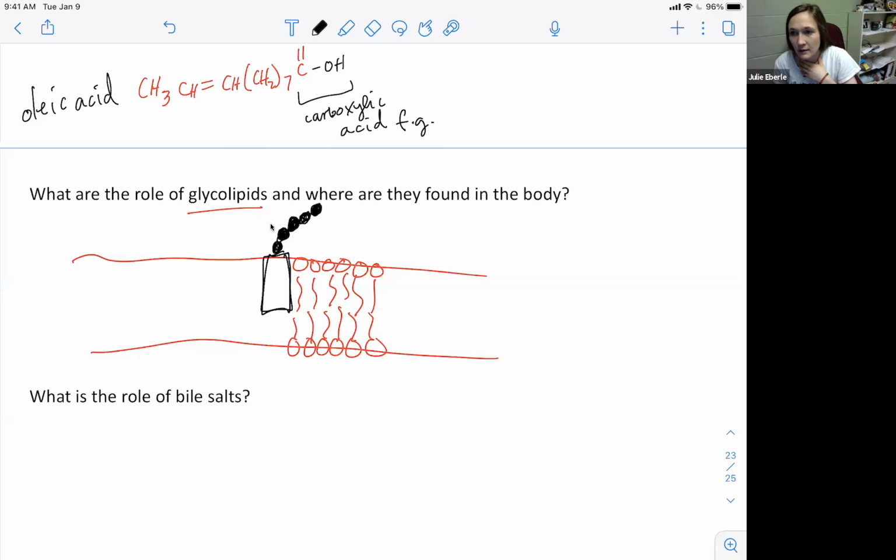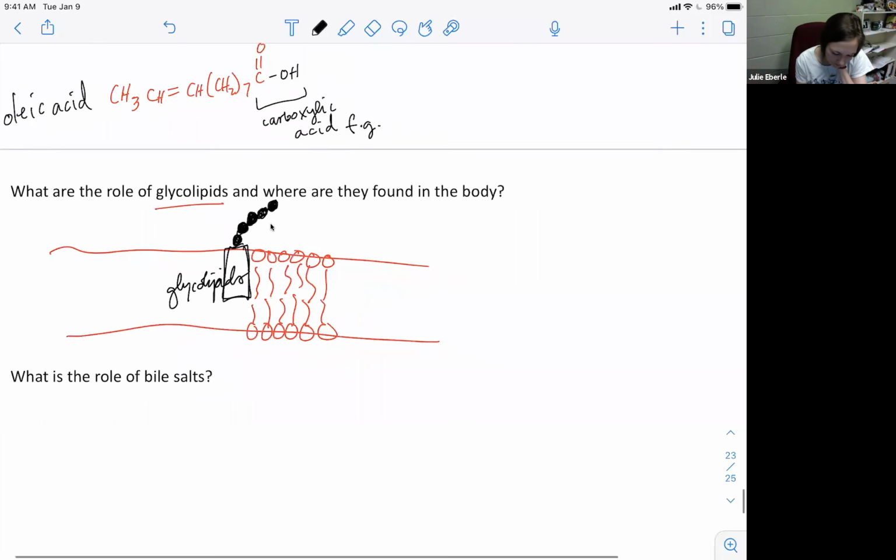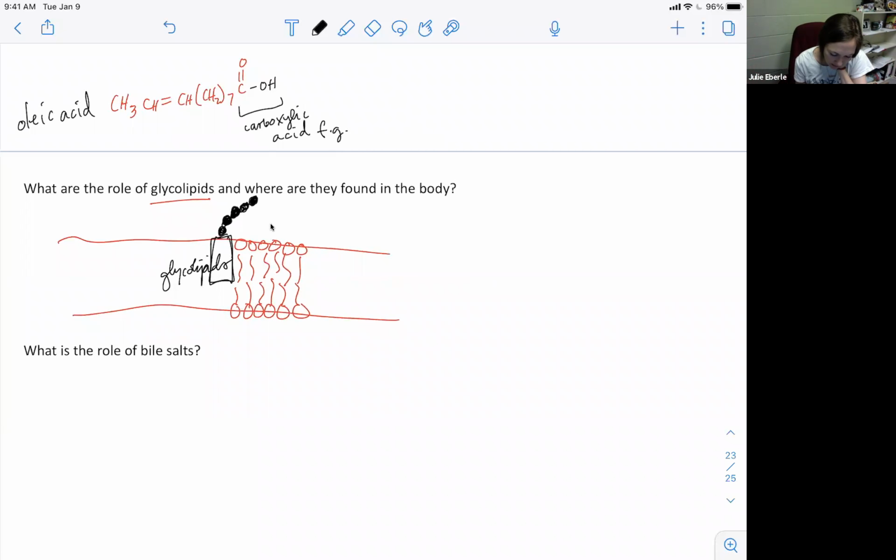And these are receiving messages that can do all kinds of stuff inside the cell, relay information for transport. But that's where they're found in the body, in the lipid bilayer, and they protrude out above the bilayer.